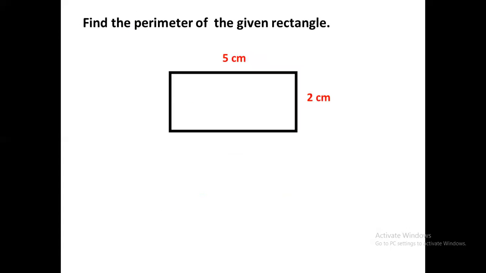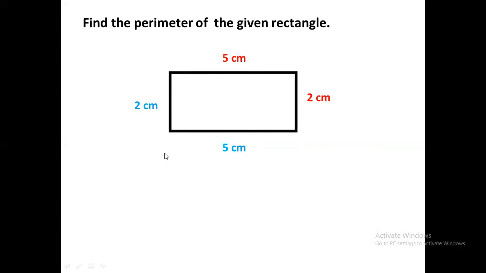Well done. Look at this one shape. This is a rectangle. All of you know that in the rectangle, opposite sides are equal in length. If this side is 2 centimeter, then the opposite side of the rectangle will also be 2 centimeter. And if this one is 5 centimeter, then the opposite side will also be 5 centimeter.